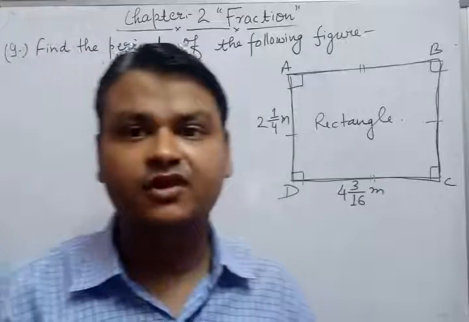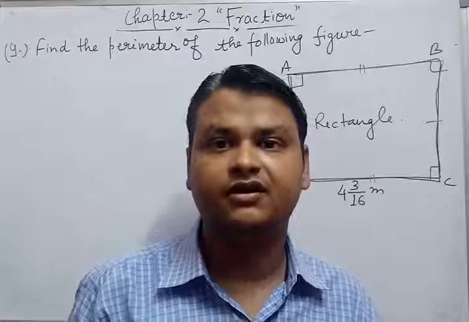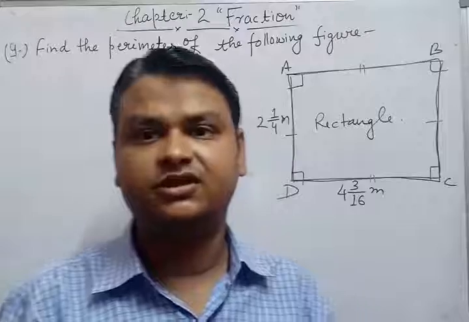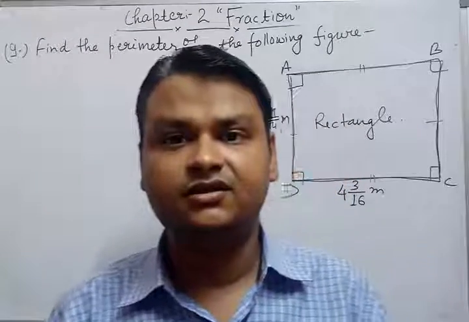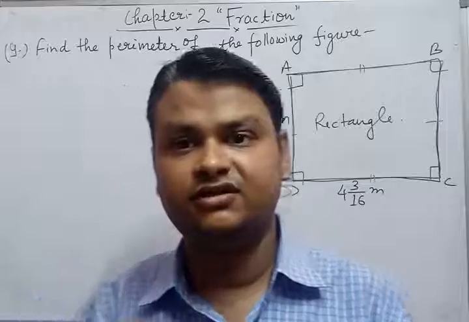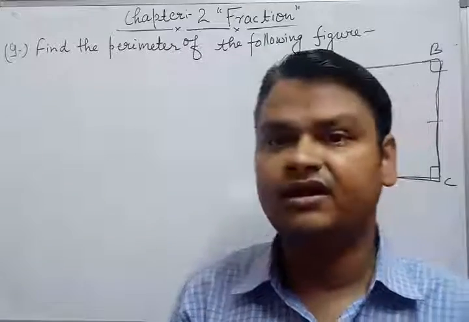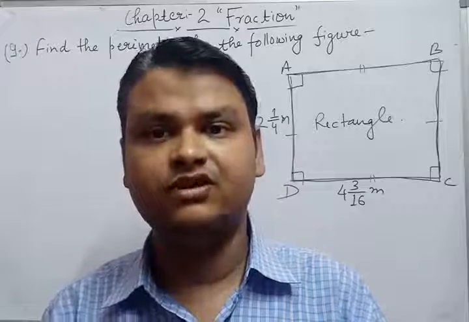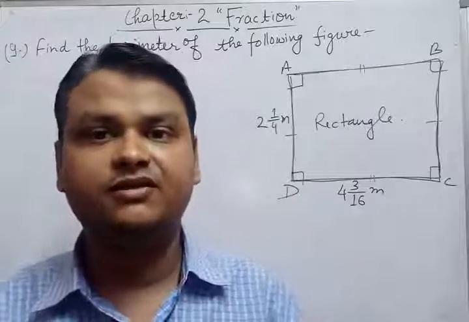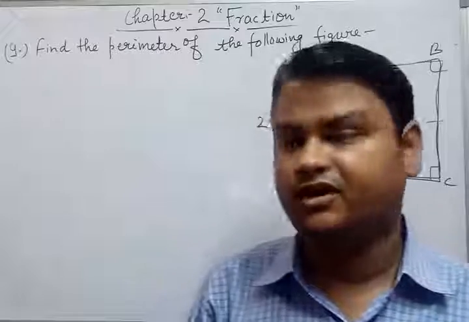And what is the formula for the perimeter of a rectangle? You all know the formula, because you have studied it in the previous class, class 6. It's 2 into length plus breadth. 2 multiply length plus breadth is the formula for the perimeter of a rectangle.